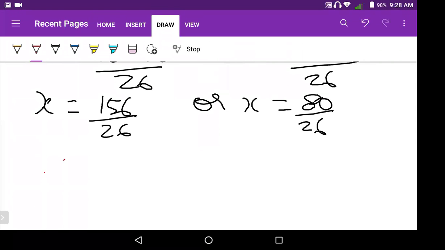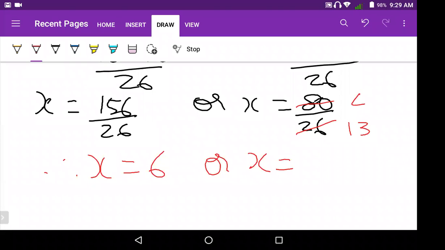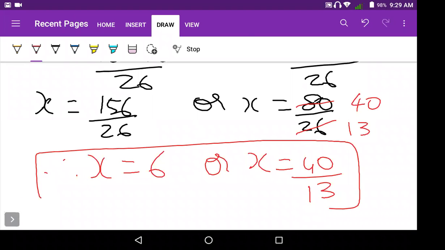Okay, so therefore x is equal to 156 by 26 is 6, or x is equal to 80 by 26, you have to do some cancellation. Let us check with 2. 2 ones are 2, 2 threes are 6, 2 fours are 8 and 0. So 40 by 13. This is the final answer that we are supposed to get.